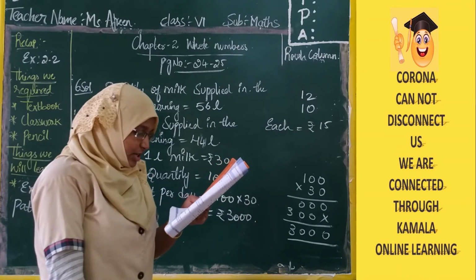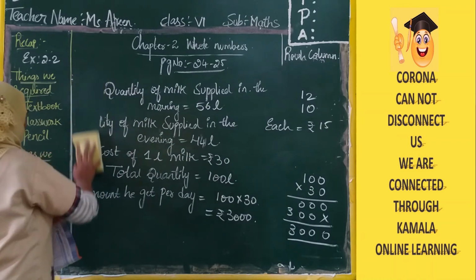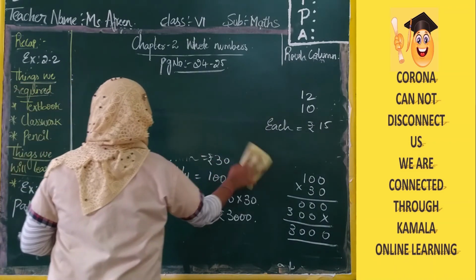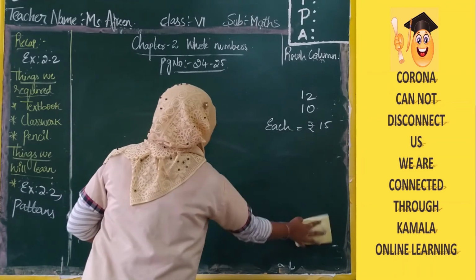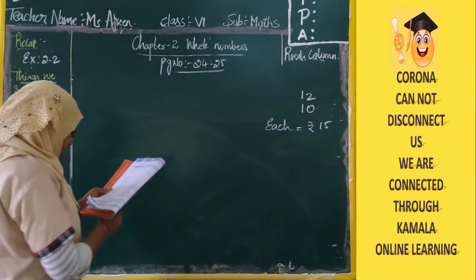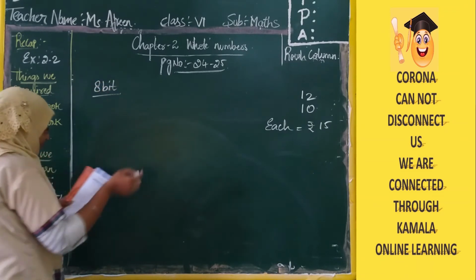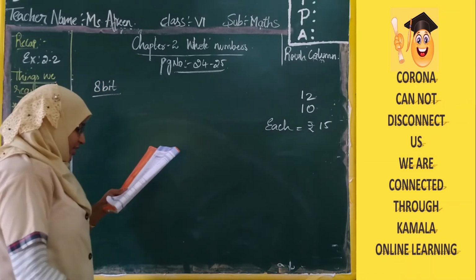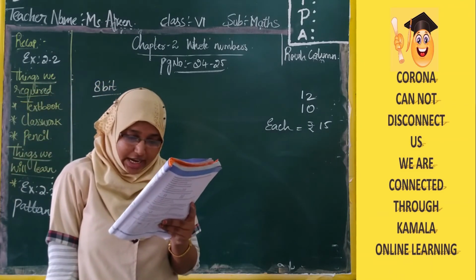Next, last bit, 8. Match the following. So first, 8th bit. See what they have given. 1991 plus 7 is equals to 7 plus 1991.